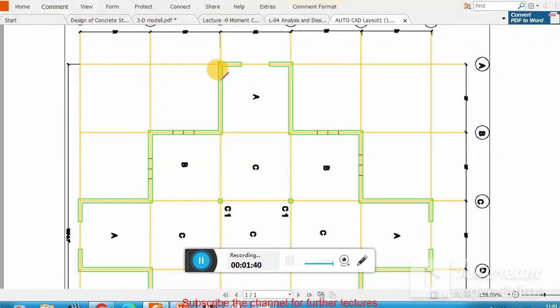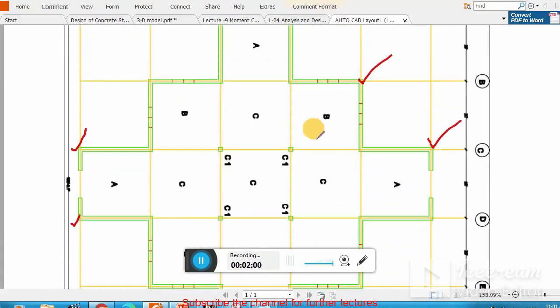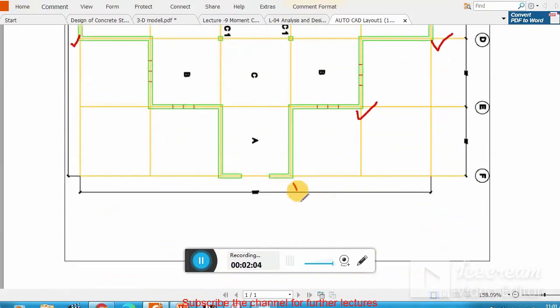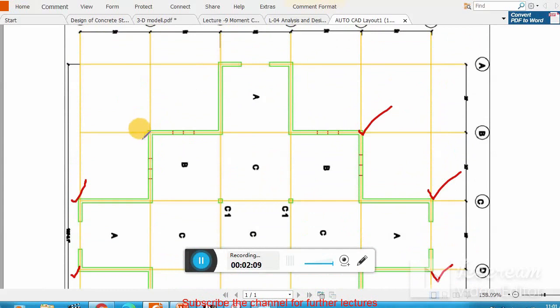There is a little bit of torsional effect, and to prevent that effect, the slab right here at this corner, similarly at this corner, and this corner, not this one, because there is a beam, and this one, and this one. We have to provide torsional reinforcement.